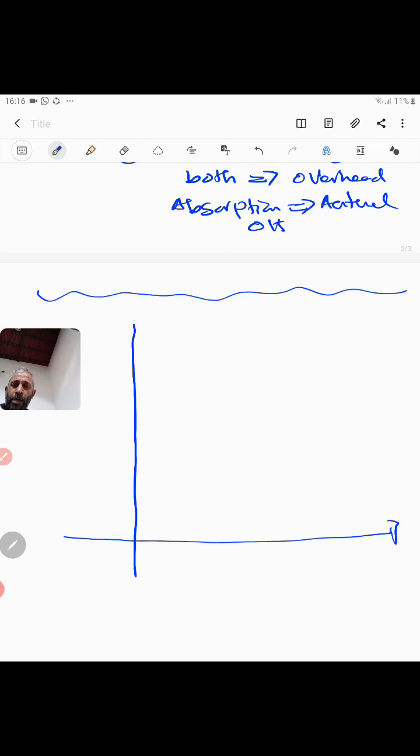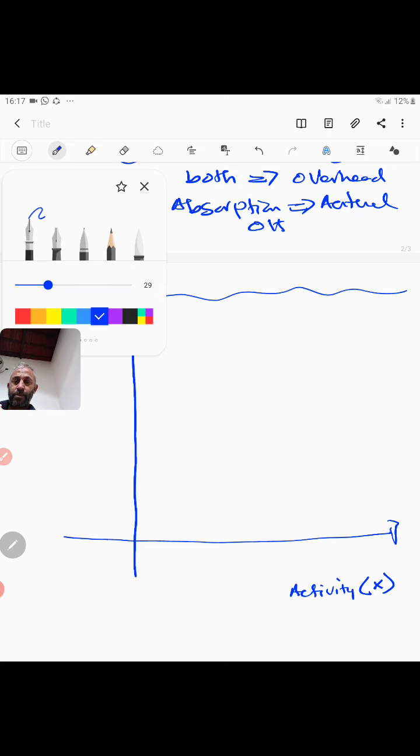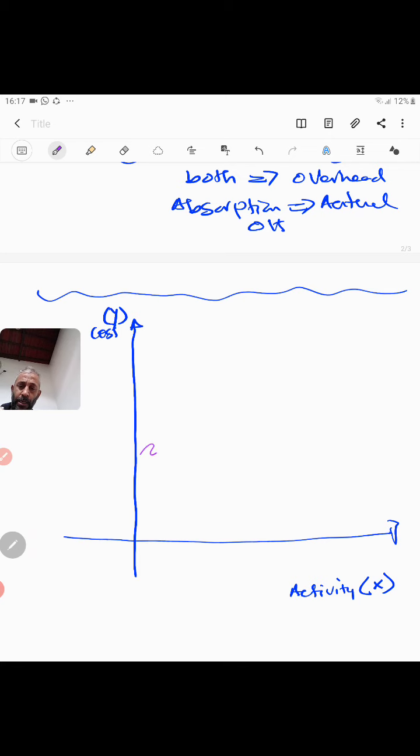So I will jot down the cost on the y-axis, activity on the x-axis, and let me note down the budgeted overhead here.